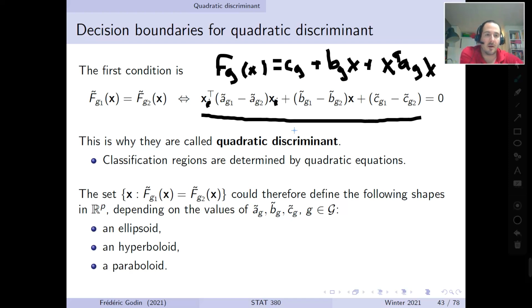These quadratic functions could have different shapes based on the values of a tilde, b tilde, c tilde: ellipses, hyperbolas, parabolas, etc. So there are various possible shapes for classification within a quadratic discriminant analysis.